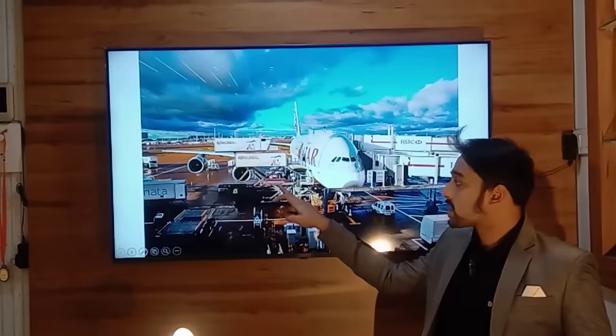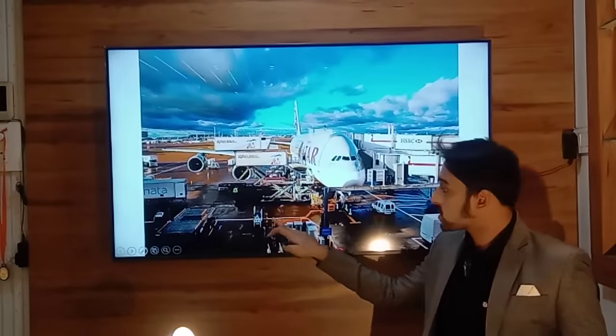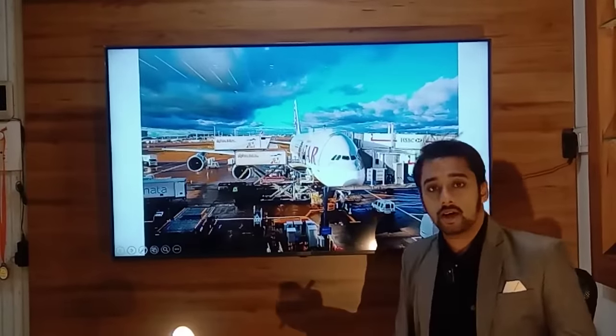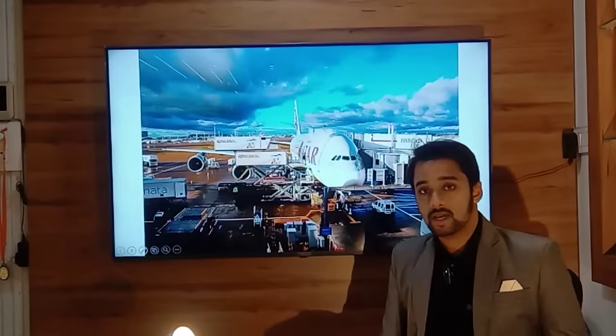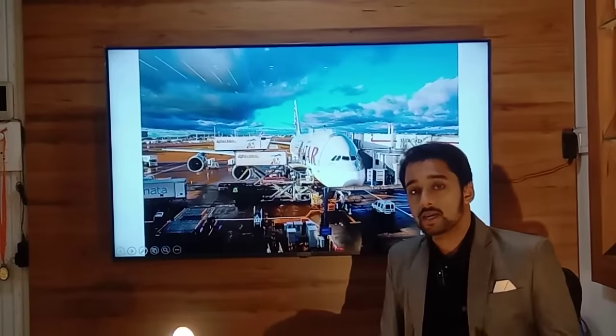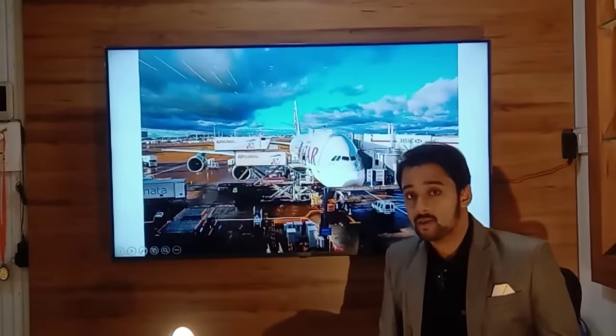Then over here you can see the loading and unloading of cargo is happening. Also you can see many vehicles and many engineering materials next to the aircraft. So this is the place where everything happens: loading, unloading of cargo, embarking, disembarking of passengers, as well as servicing of aircraft, like fueling and any minor or major repairs.